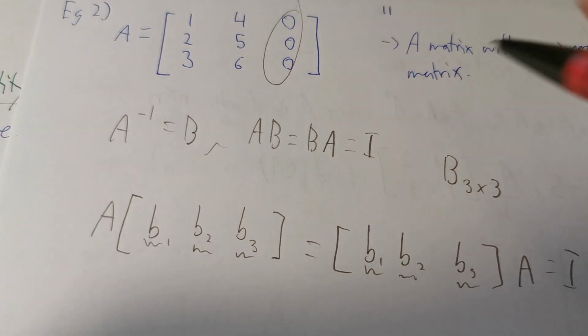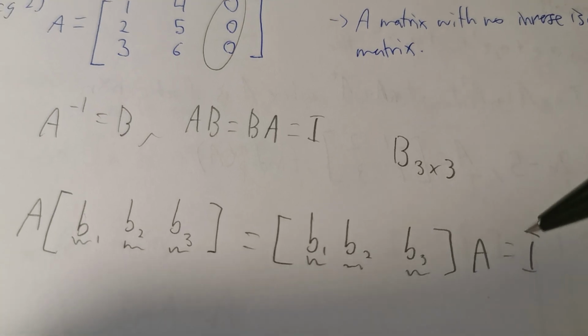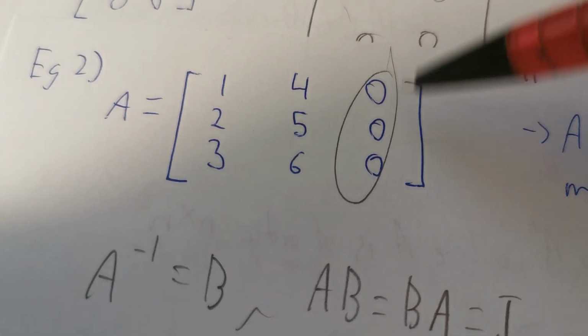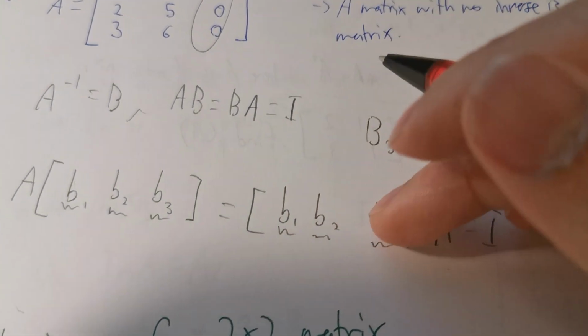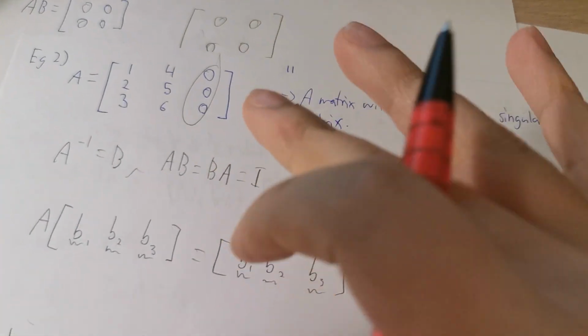If we try to solve this, what you'll notice is that with one of these, A is going to have to multiply with a full row of zeros, right? And that means in the corresponding result, one of the rows or columns is going to be completely all zero. But you can't have that for an identity matrix. An identity matrix has to have 1, 1, 1.